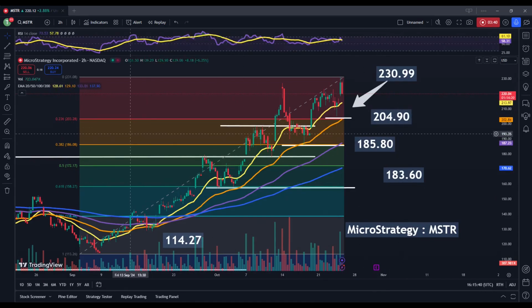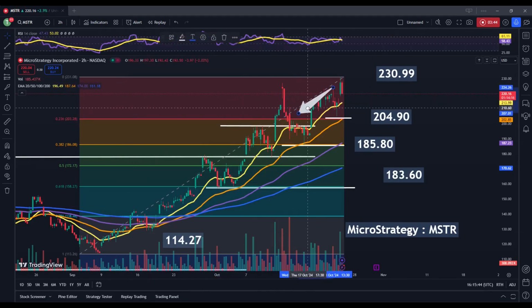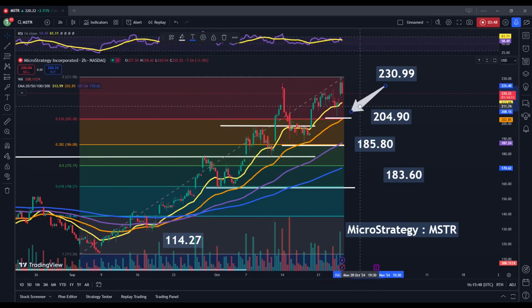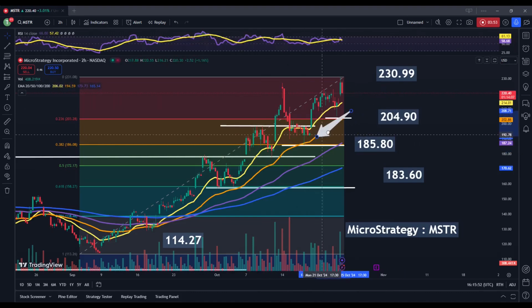In addition to that, we also have the 23.6% Fibonacci retracement level, which is this red zone here, coinciding very closely with that area. Additionally, we have the 50-period exponential moving average, this orange line here, which is currently moving right into contact with that area. So in my view, this is the main level of support to watch to the downside.